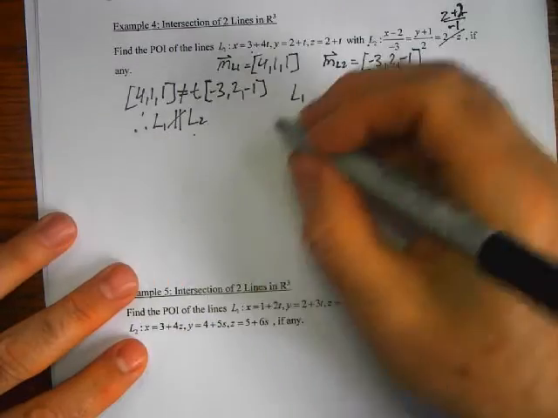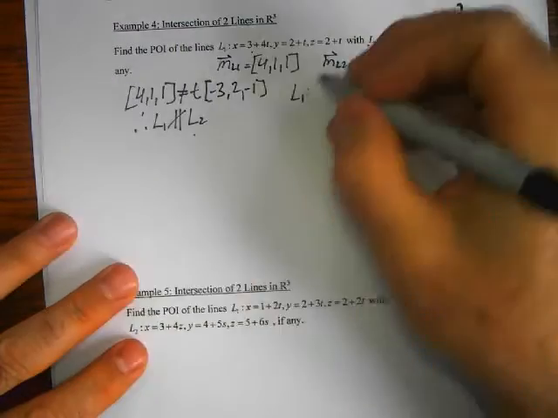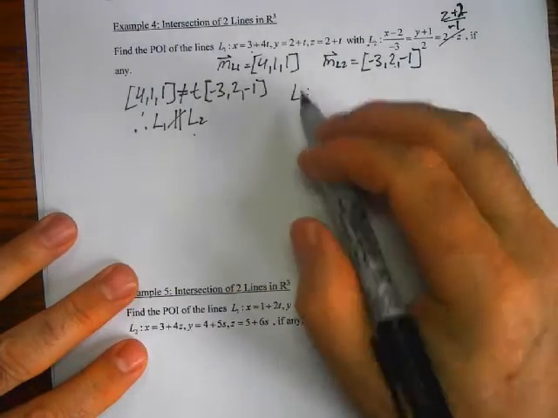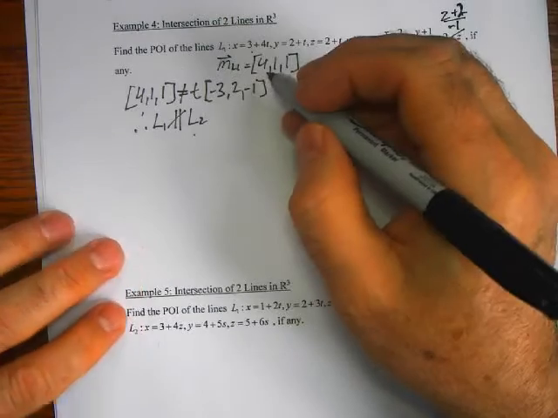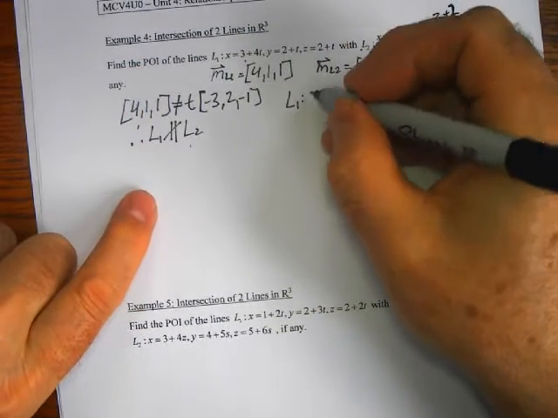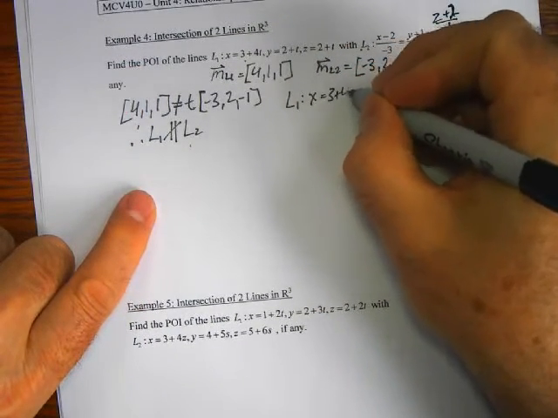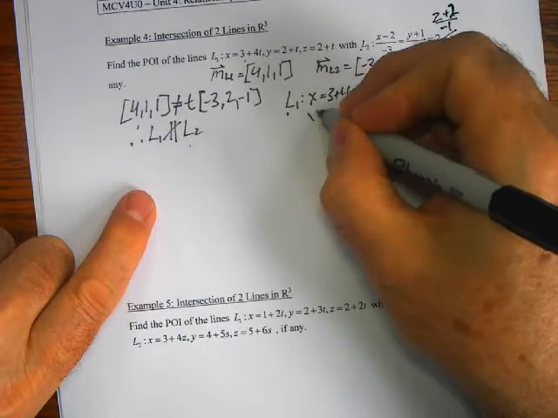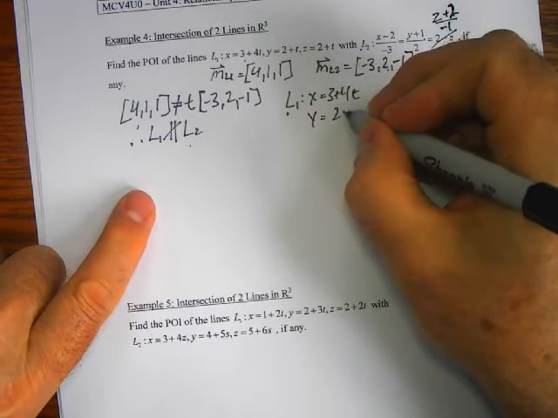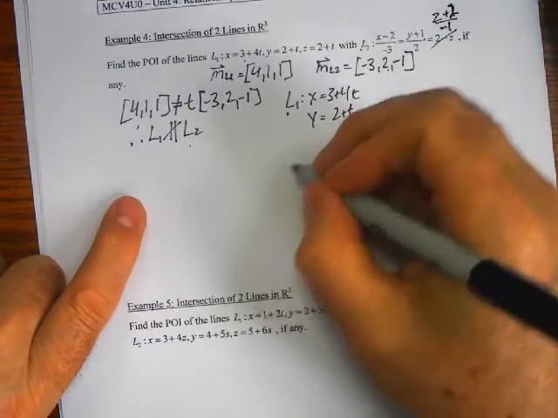If I look at the parametric equations, the first line is already in parametric form, so I'm just going to write those out: x is 3 plus 4t, y is equal to 2 plus t, z is equal to 2 plus t.